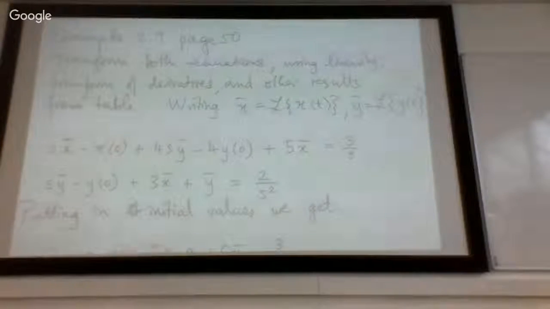And then the second one, we're going to have sy bar minus y of 0, so it's minus 2.